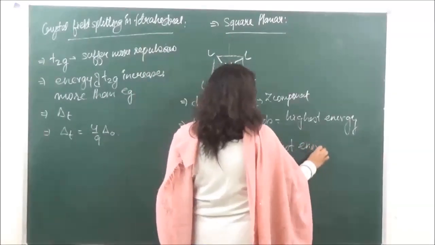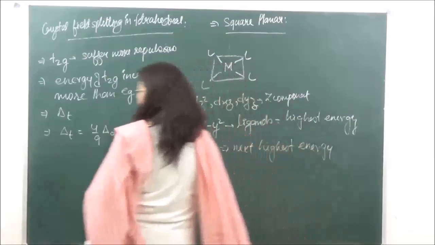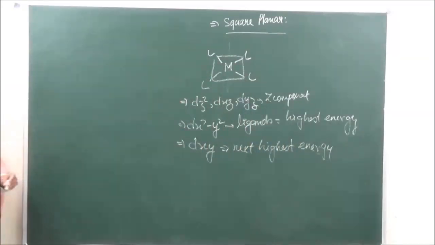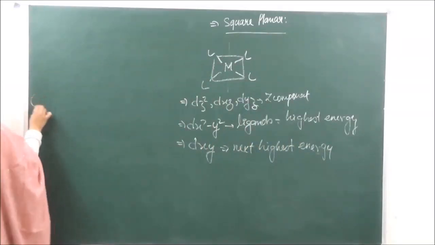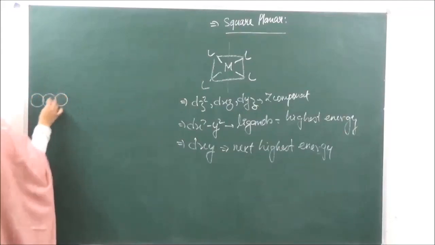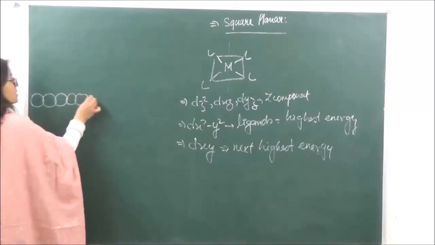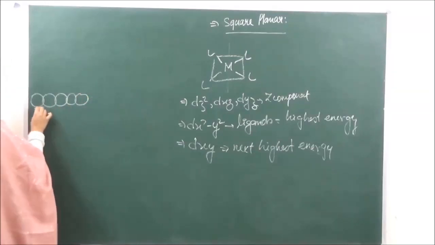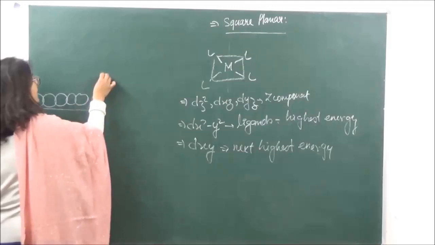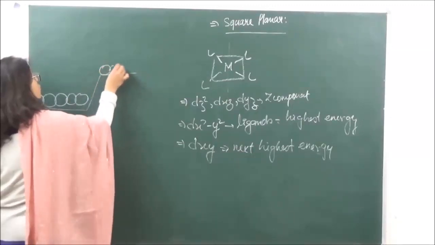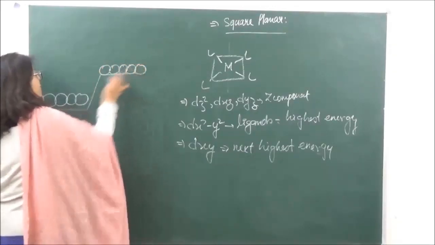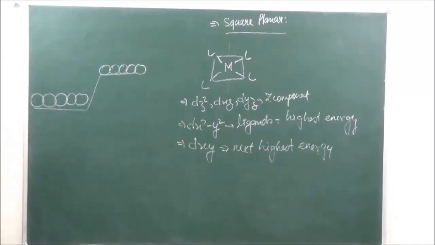So let's try and draw this and understand it better. Over here we have d, 1, 2, 3, 4 and 5. These are going to go to a higher energy level. Now how does the splitting take place?